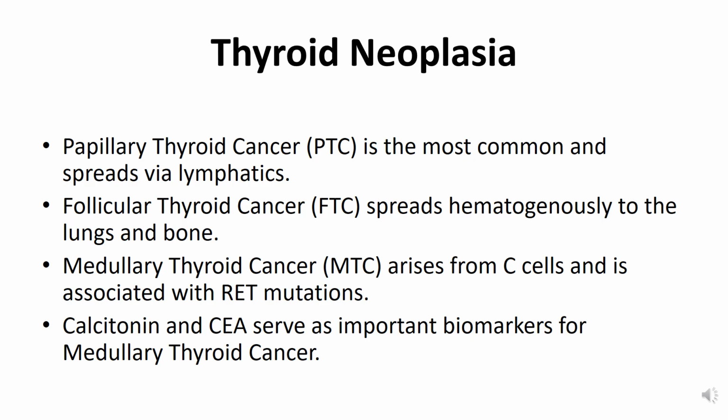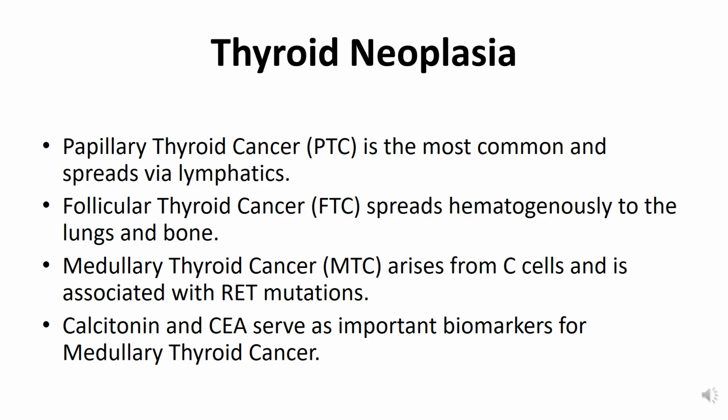Medullary thyroid cancer, or MTC, is biologically very different from the previous two cancers. Medullary thyroid cancer arises from parafollicular C cells rather than follicular thyroid cells. These specialized neuroendocrine cells normally produce calcitonin, a hormone involved in calcium regulation.